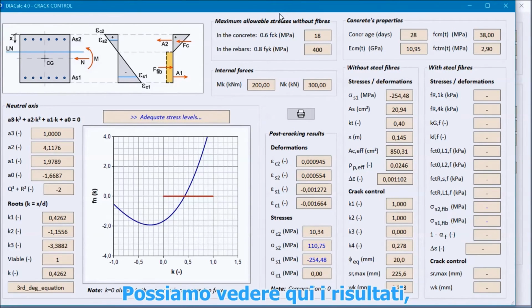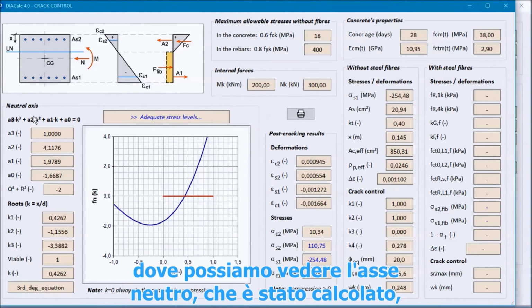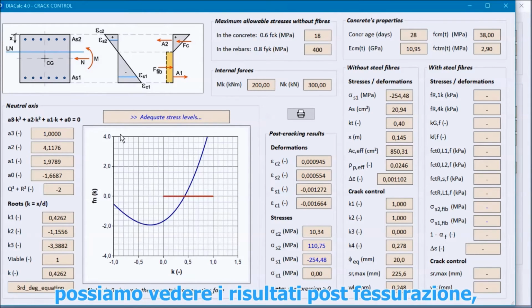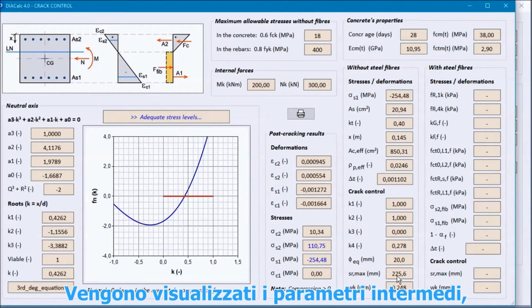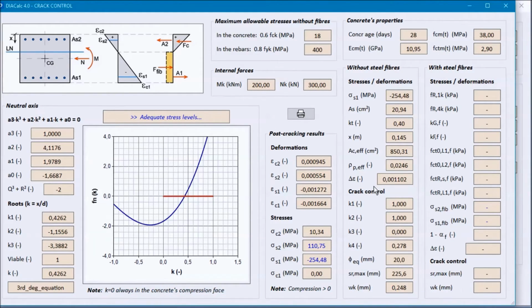and we can see here the results, where you can see the neutral axis that was calculated. You can see the post-cracking results with values for deformations, for stresses, for crack openings, and for crack spacings. Intermediate parameters are shown for the situations with and without fibers.